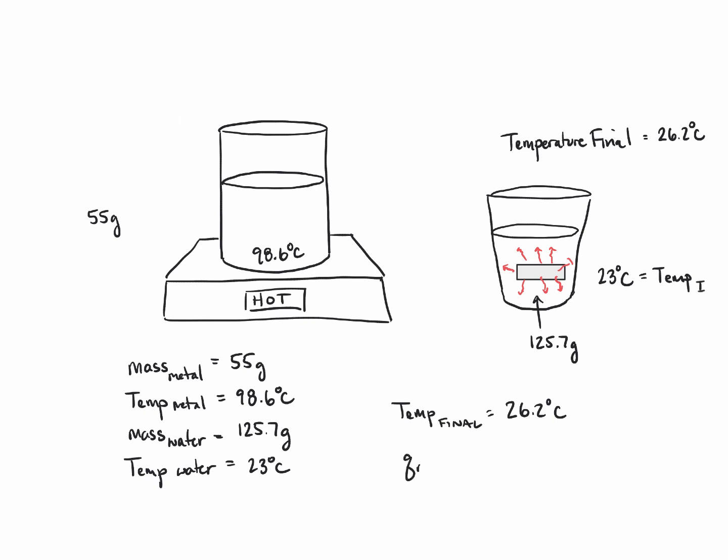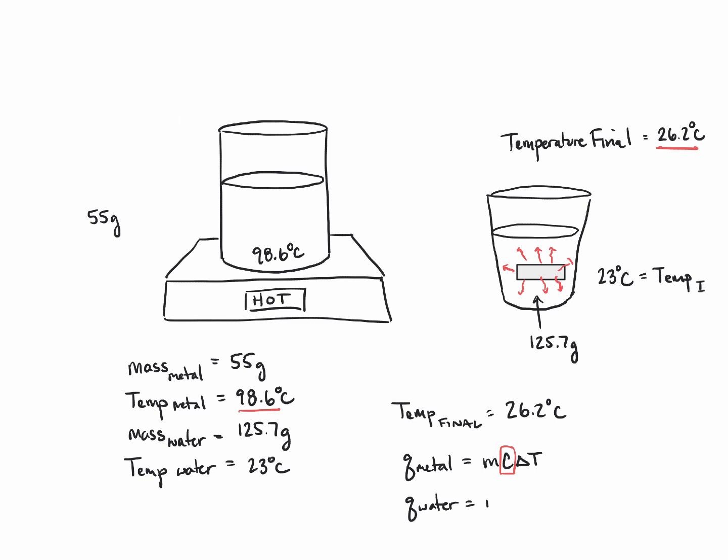We've got Q of the metal, and we've got Q of the water. The Q of the metal, using our equation that we already know, is mc delta T. That's the mass of the metal, the specific heat of the metal, which is what we're looking for, and the change in temperature of the metal, which went from 98.6 down to 26.2.